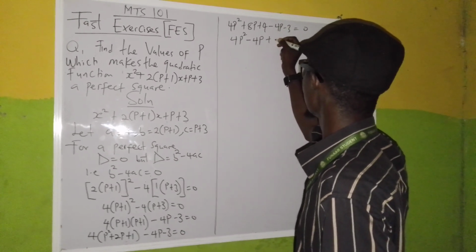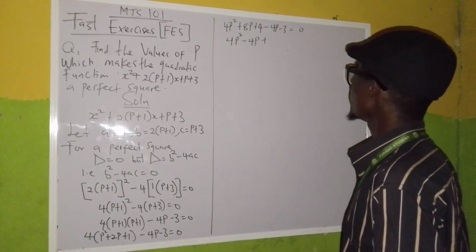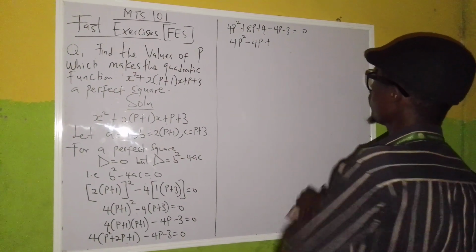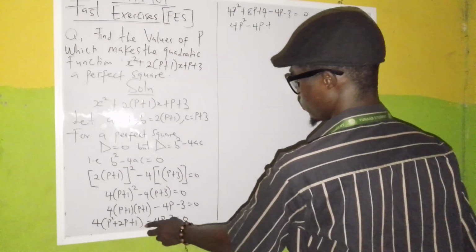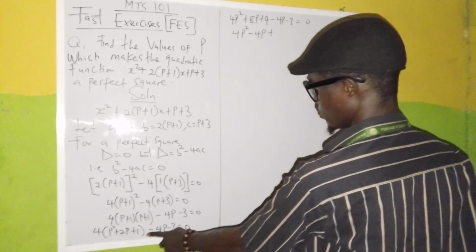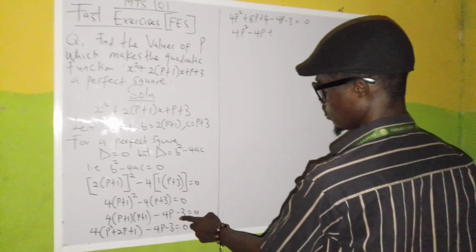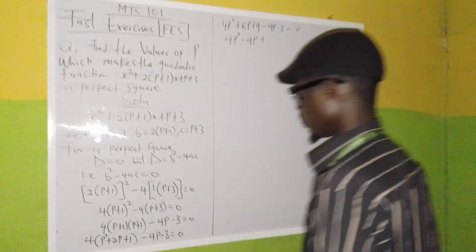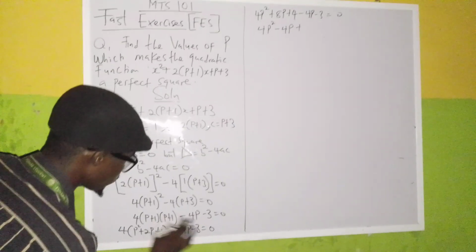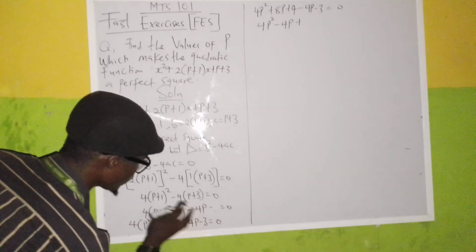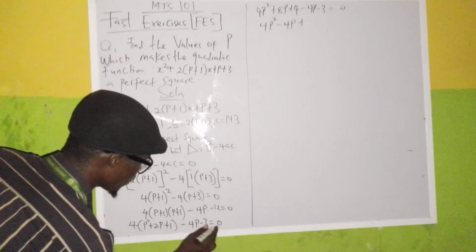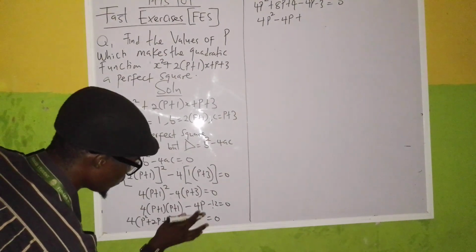Plus 1. Oh, is there no error here? Okay, 4p coming. Okay, this is 4. This is minus 12. Sorry, there's an error here. So thank God I noticed on time. Sorry. Minus times minus is minus. 4 times this is 12. Okay, so this is 12.